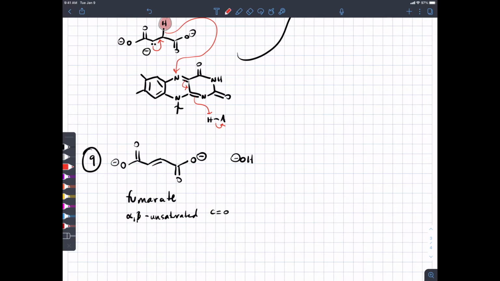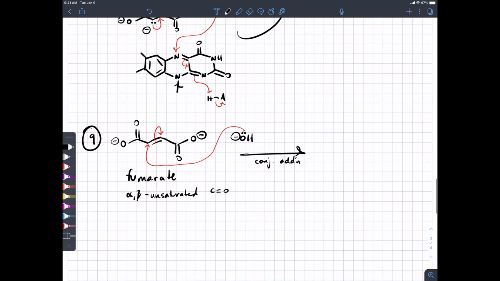The mechanism is conjugate addition. We'll show the lone pair on the hydroxide attacking here, and then electrons will move onto that alpha carbon to give you an enolate.